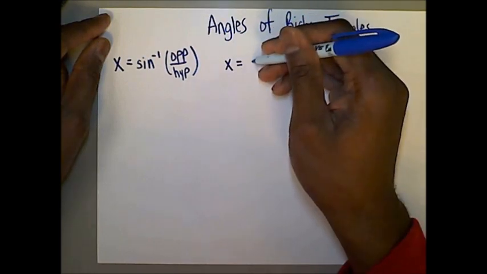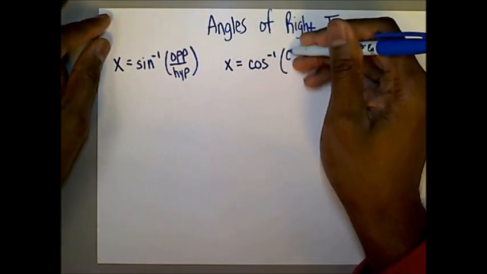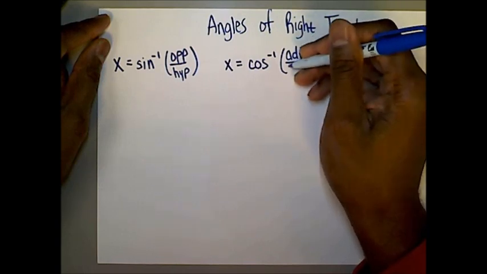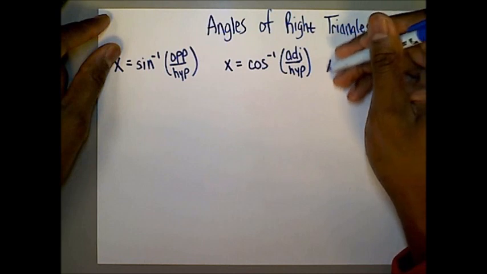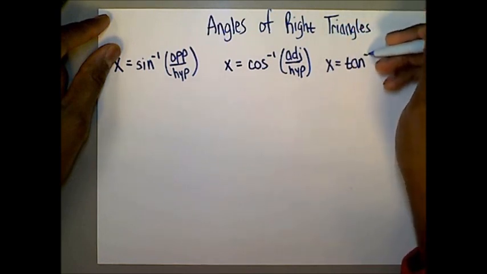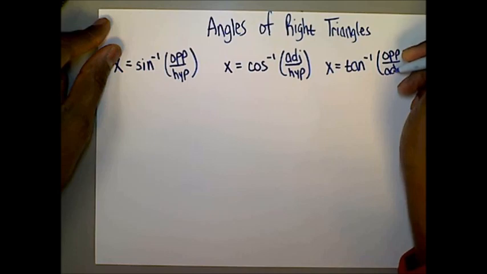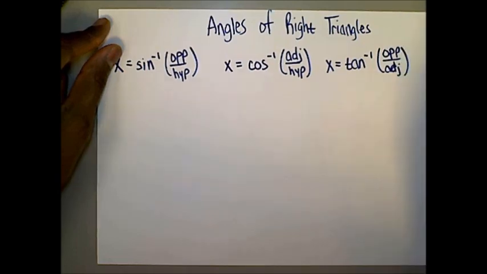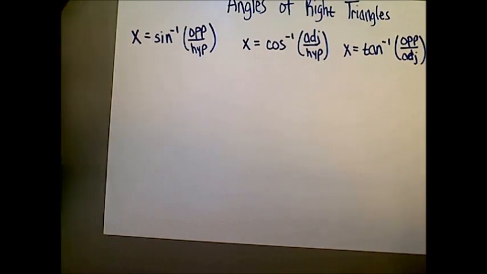X will be equal to the cosine inverse of adjacent over hypotenuse, and x for tangent is equal to the tan inverse of opposite over adjacent.